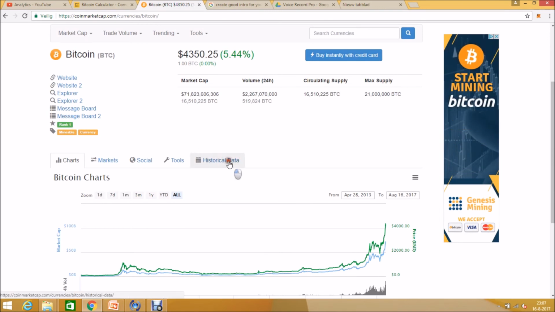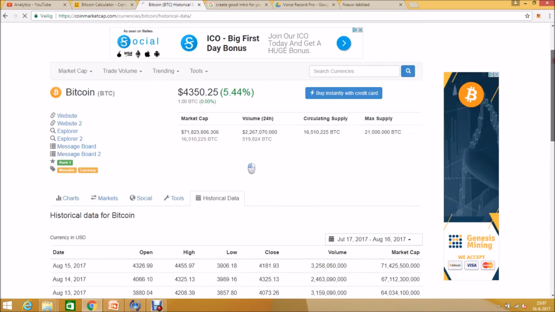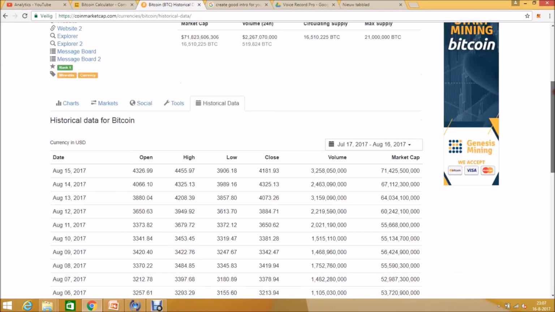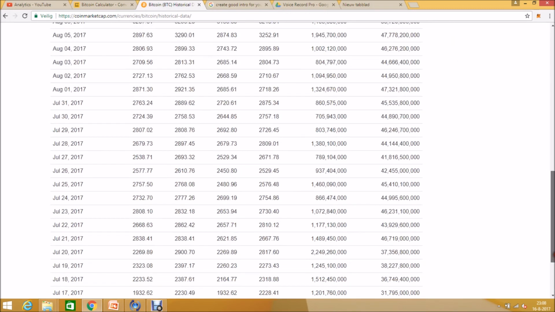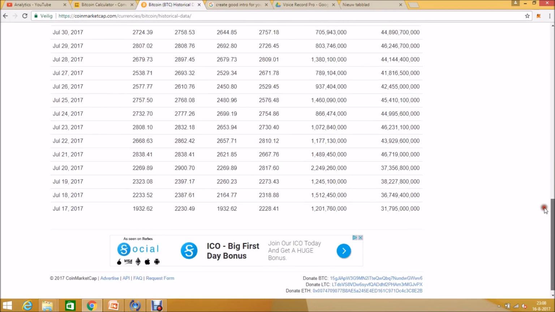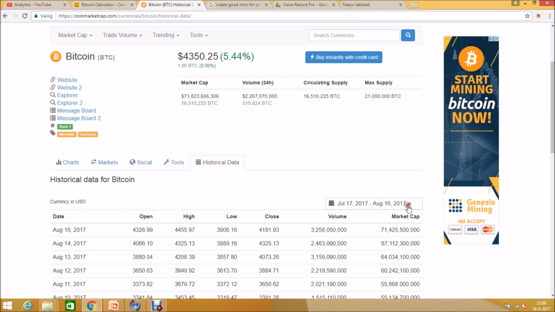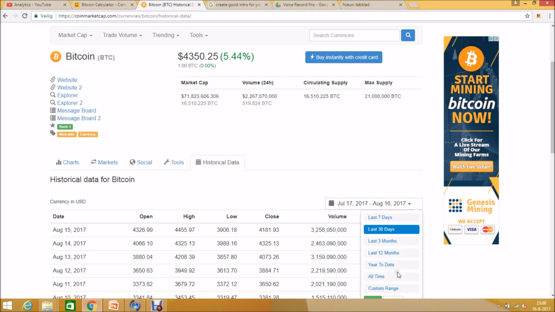When I do that, I can find the prices, the high, the low, the closing price, and the volume for each of the days before. That's very interesting to just look back. As you can see, we can change the range and look back specifically for one of the coins.